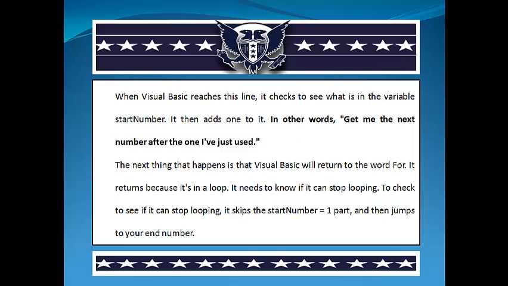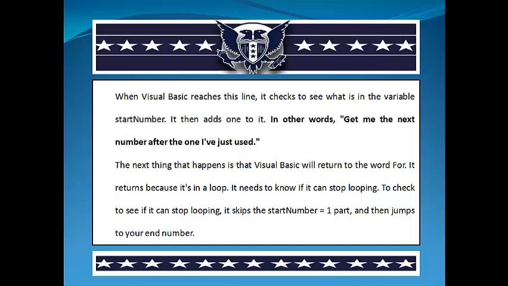When Visual Basic reaches this line, it checks to see what is in the variable start number. It then adds 1 to it. In other words, get me the next number after the one I have just used.